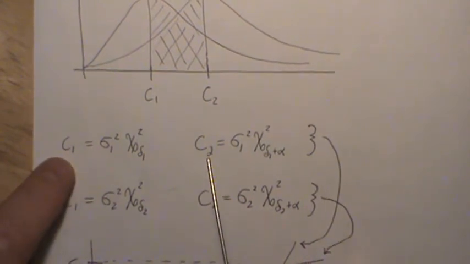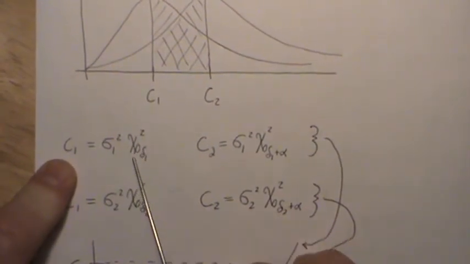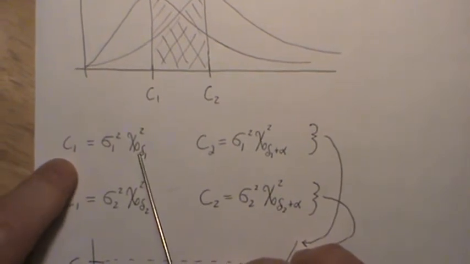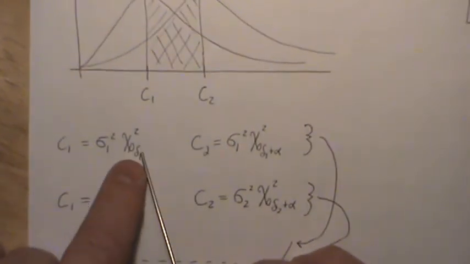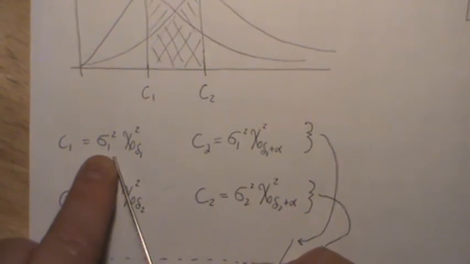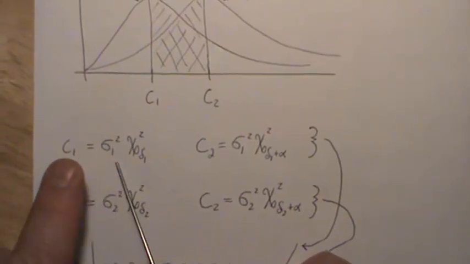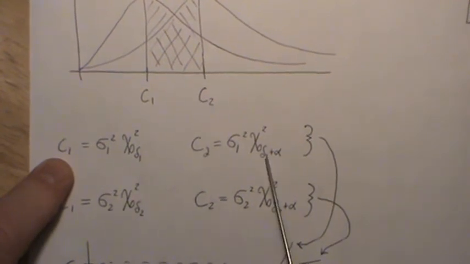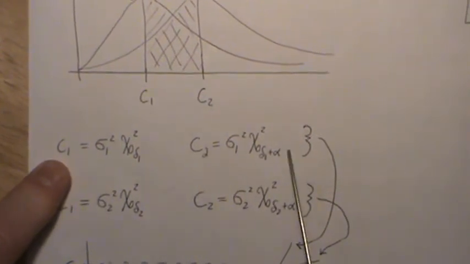And so for all possible values that we pick for this chi-squared delta 1, there's an infinite number of these. Sigma 1 squared is fixed, so there's an infinite number of those. And then corresponding to each point, there's a point C2, so we can graph that.